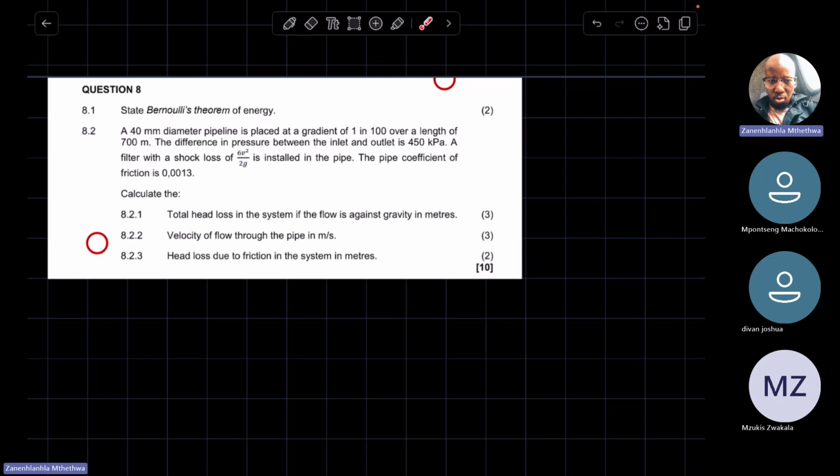We also looked at inclined tapered pipes, and vertical tapered pipes. We also looked at pipes with a constant diameter and what the implication of a constant diameter is as far as the velocity of the fluid flowing through the pipe. So we looked at Bernoulli's principle and the application thereof from that perspective.